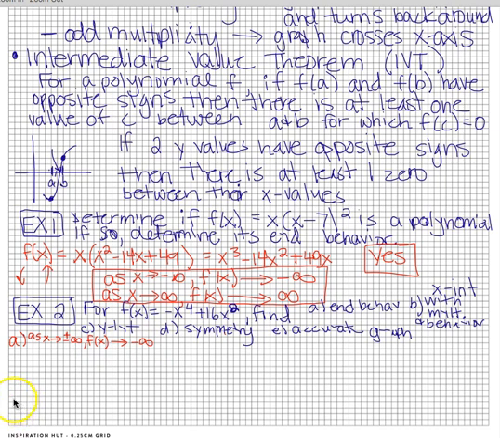As I've said with previous shortcuts, if that just confuses you and you'd rather write both lines every single time, that's fine. Go right on ahead. I'm not going to mark it wrong. So this is my end behavior.